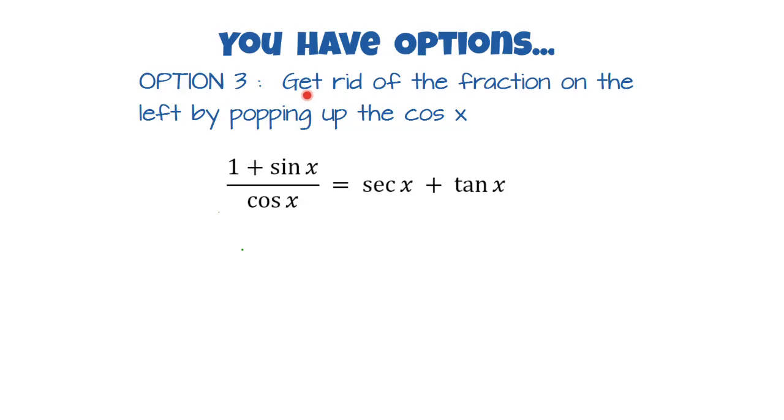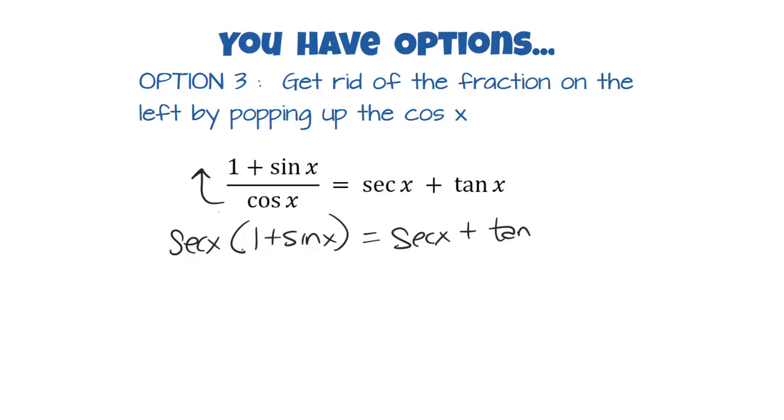Another way to get rid of that fraction instead is to pop this cosine x to the top. And remember how you can pop those reciprocal functions? If I pop it up, it'll call it a secant x. Again, it helps me to see that I'm just going to take that up and write secant x times 1 plus sine x equals secant x plus tangent x.